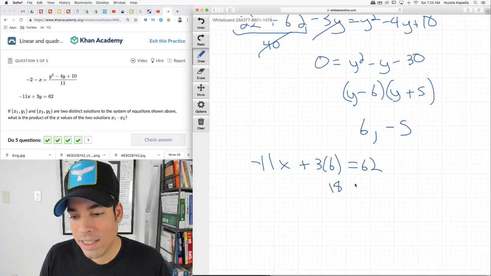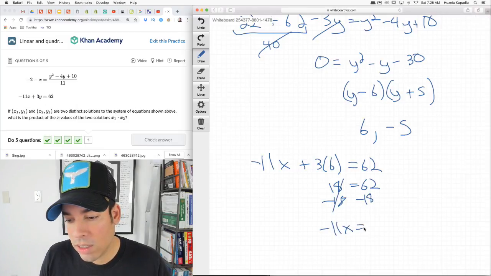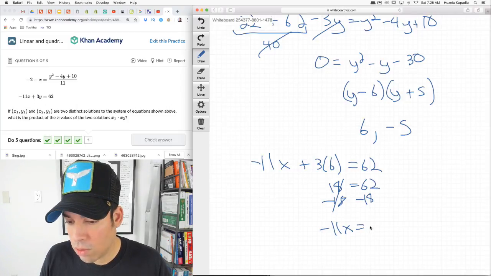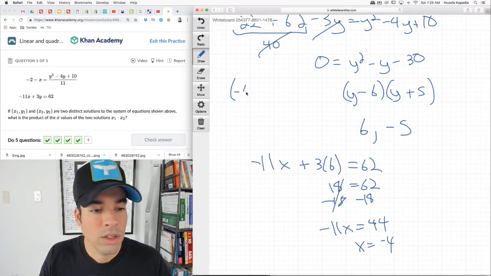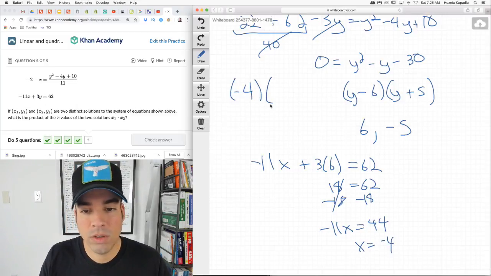So that's 18, 62. Subtract 18, subtract 18. Negative 11x equals 44. X equals negative 4. So this is one value because we want x1 times x2.